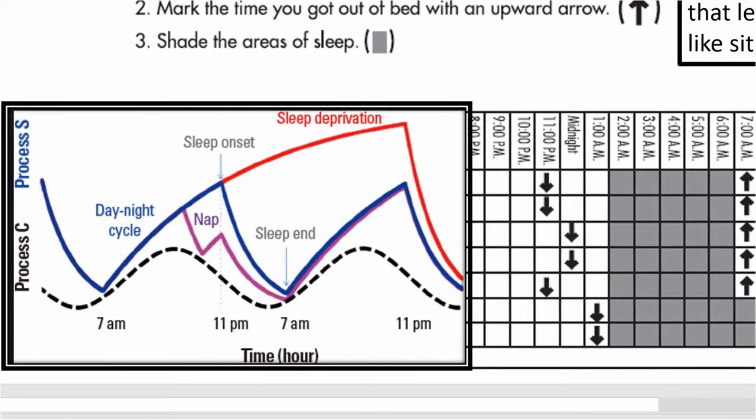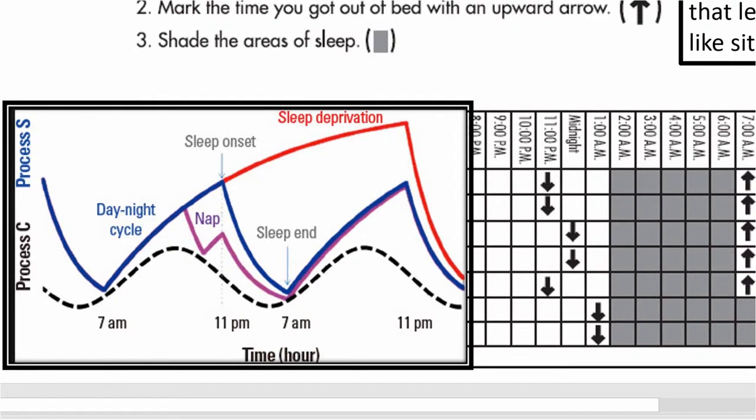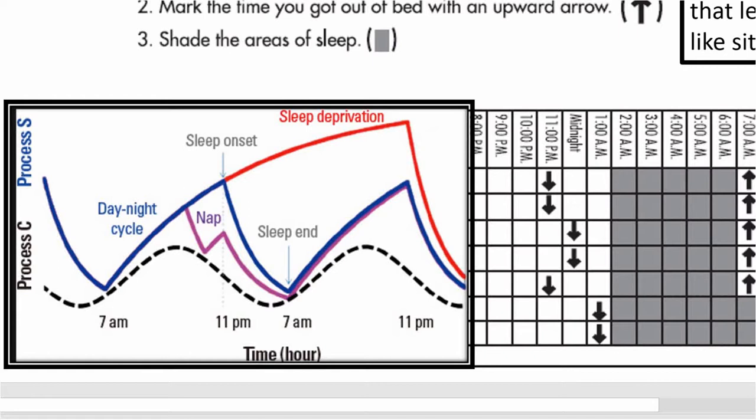And so now look at the graph, right? So process C is the black dotted line, which is the natural rhythm of alertness. So around 7 a.m., the person gets more and more alert, and that alertness starts to fall during evening and nighttime. Makes sense, right? That's what the body's supposed to do when the light goes down.